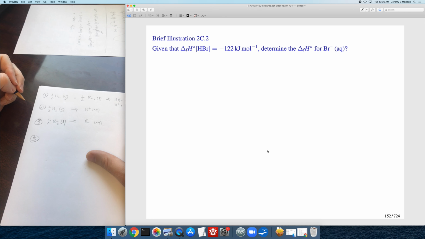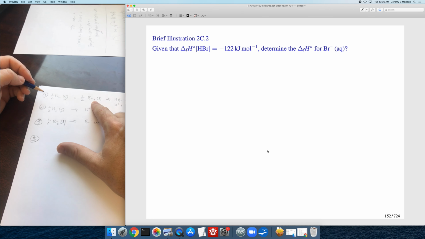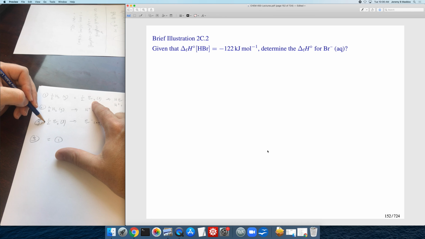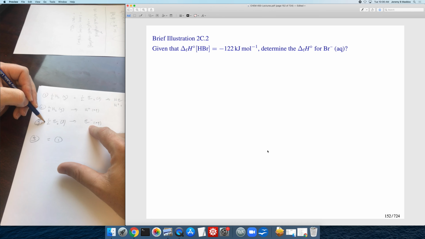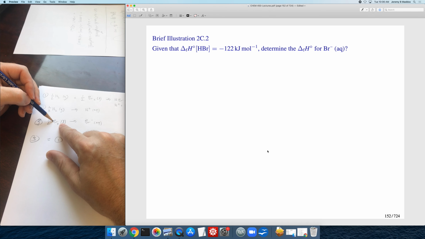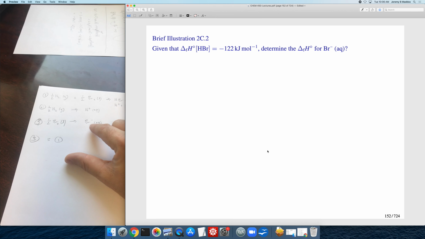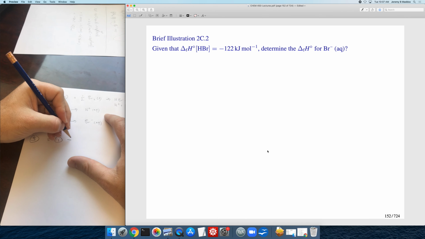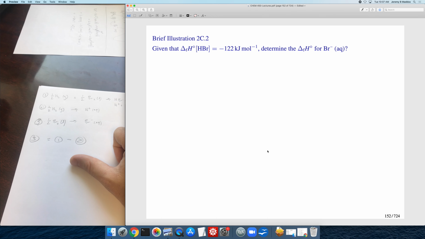So reaction 3, we need reaction 1 to give us the bromide, and then to give us the bromine. And then to get the bromide, we need to get rid of the hydrogen is what we need to do. So we need to subtract reaction 2, like so.